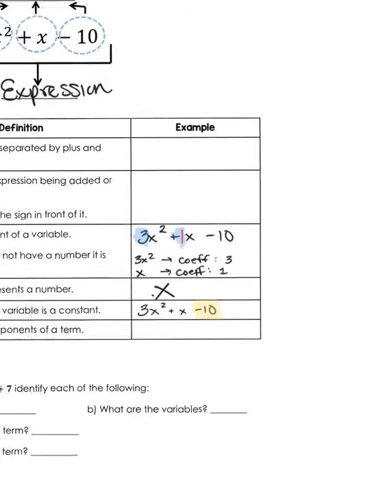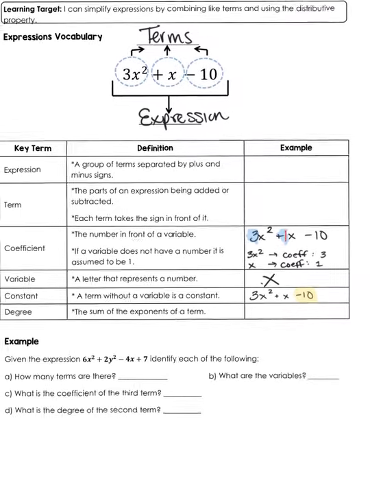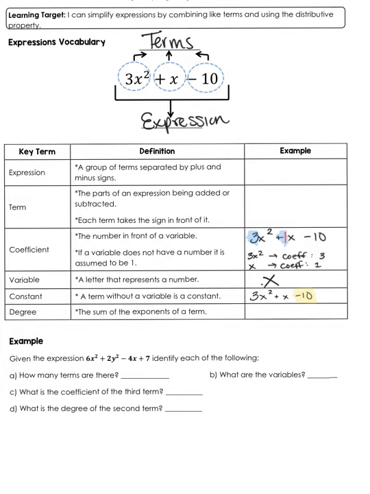The last term is probably the only one that's brand new, degree. When we're talking about degree, we are talking about the sum of the exponents of a term. So if we look at some of our terms here, in the term 3x squared, my degree would be the sum of the exponents.